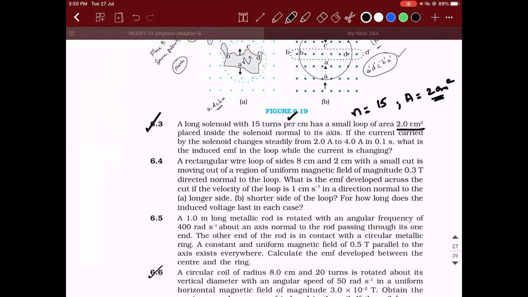If the current carried by the solenoid changes steadily from 2 ampere to 4 ampere in 0.1 seconds, what is the induced EMF in the loop while the current is changing?